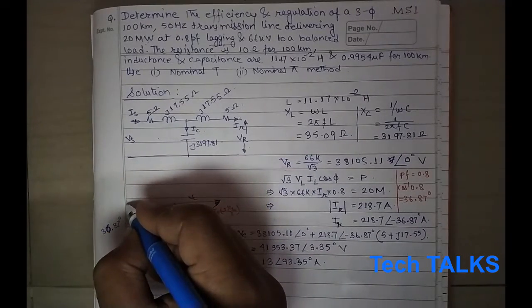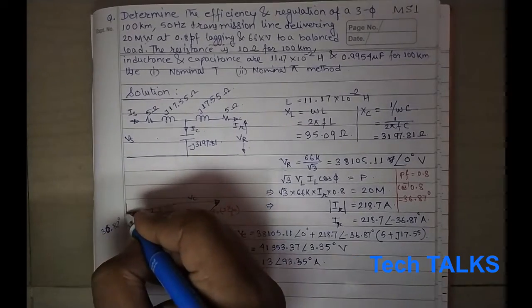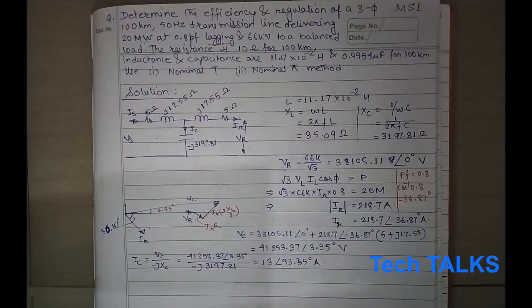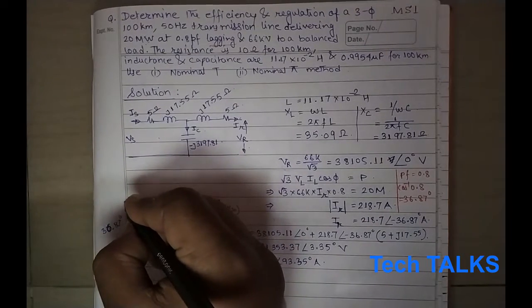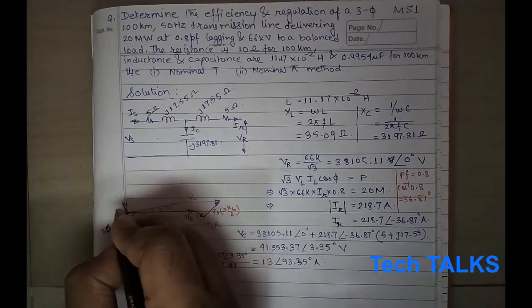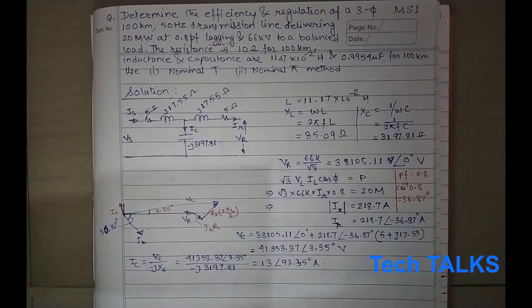So this is 90 degree to VR, it is 93.35, so I will put it here. I am using a red pen. This is IC.